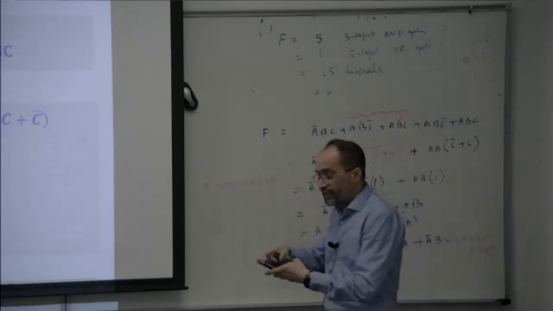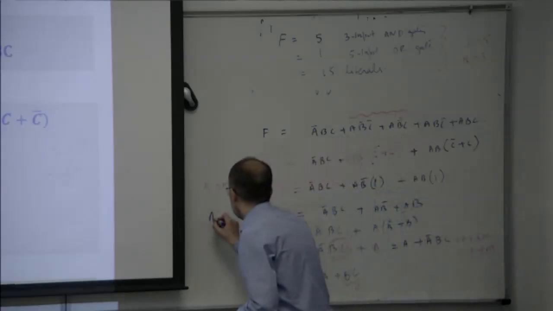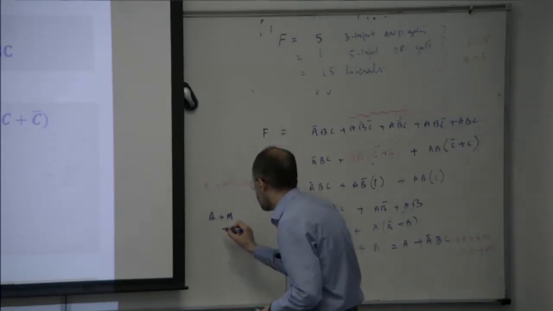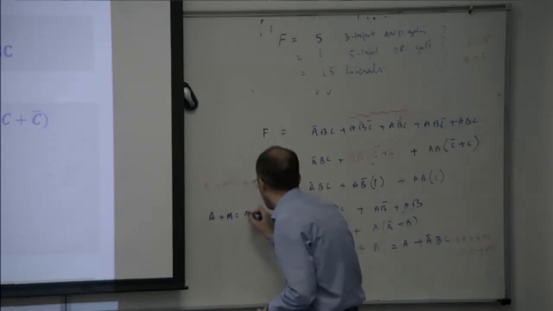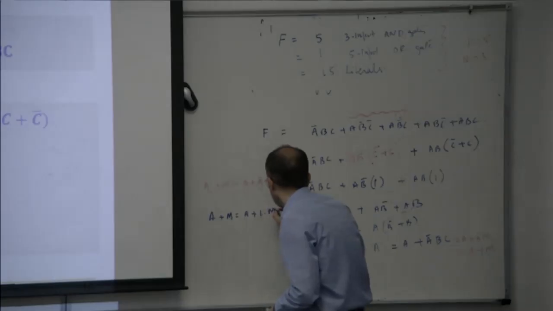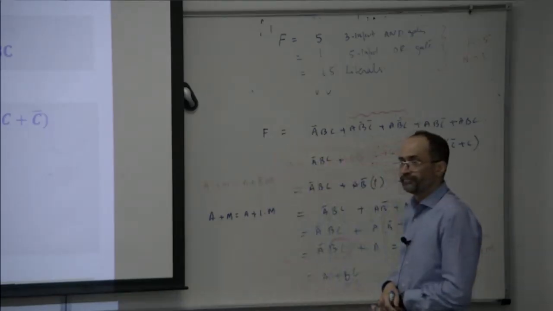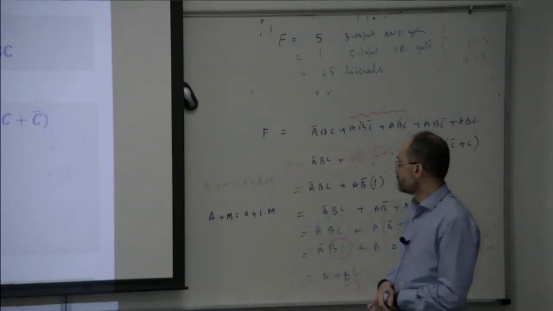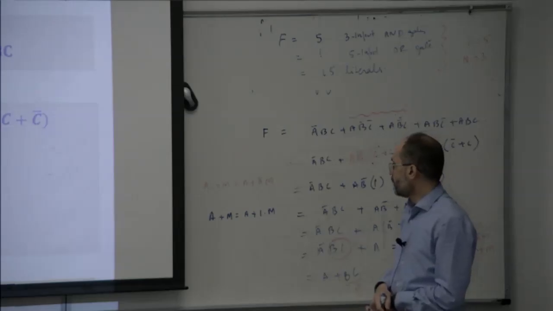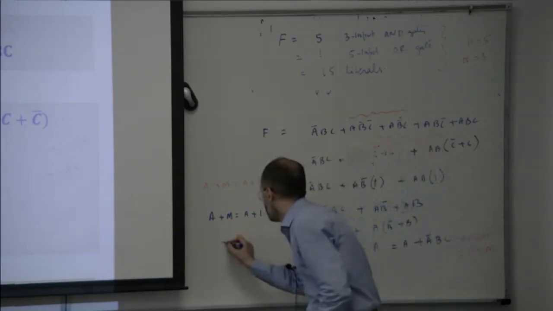How? So can we write something like this? What is A plus M? Can we write something like this? A plus M is equal to A plus 1 dot M. Yes? A plus 1 dot M. How can we further expand it?